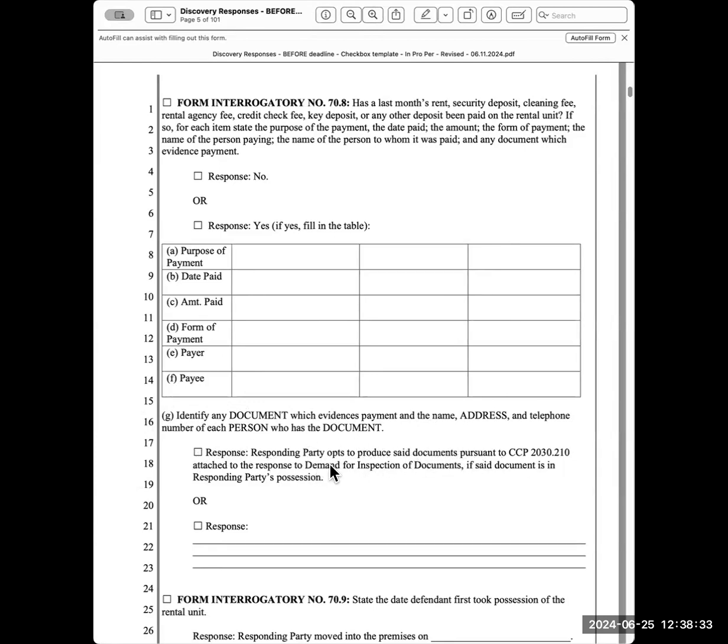And the demand for inspection of documents is the request for production of documents. It is almost always included with discovery requests. It's the landlord, the plaintiff, asking to see your tangible evidence, which they are entitled to see. And you are required to give them whatever evidence they ask you to provide as long as you have it.